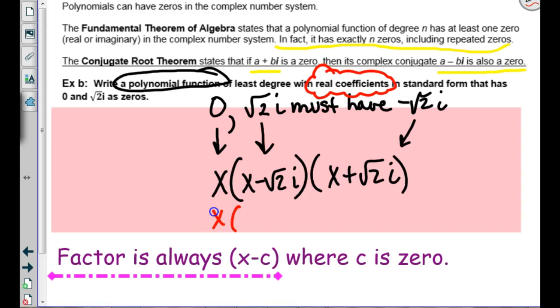We have an x out here. If I FOIL this together, x times x is x squared. X times square root of 2. I'm going to move the i out front. It's really bothering me. Multiply here would be a negative i square root of 2 times x. Whoops, whoops, whoops. Get rid of that parenthesis.